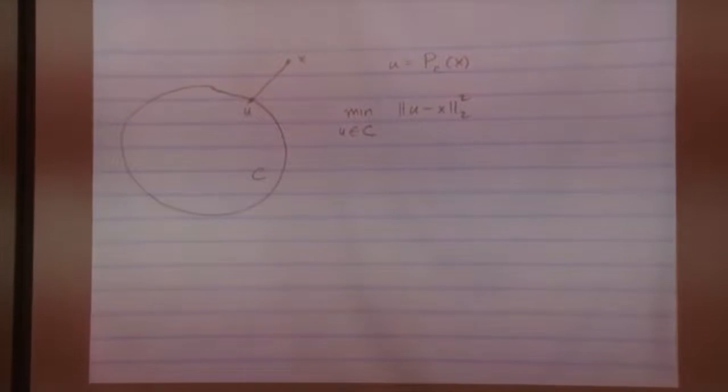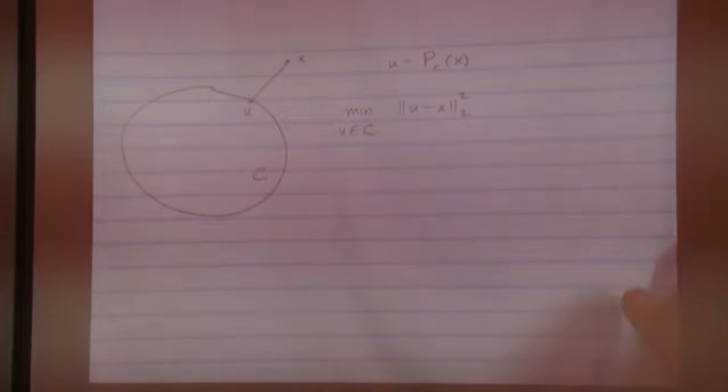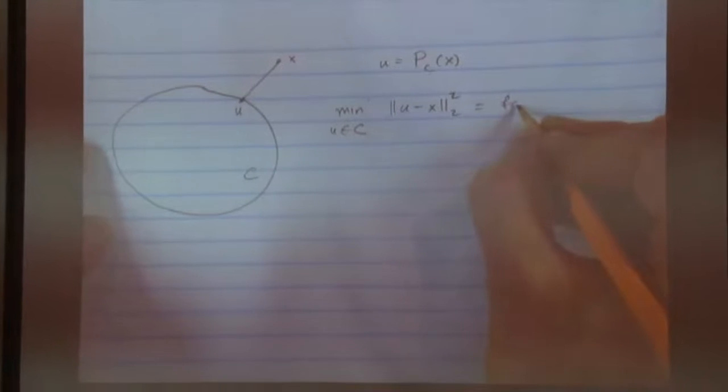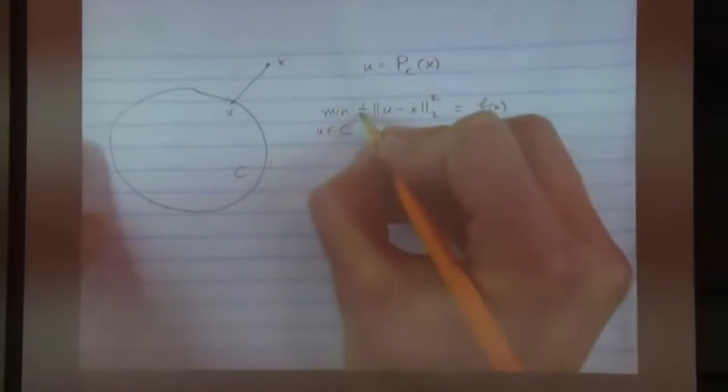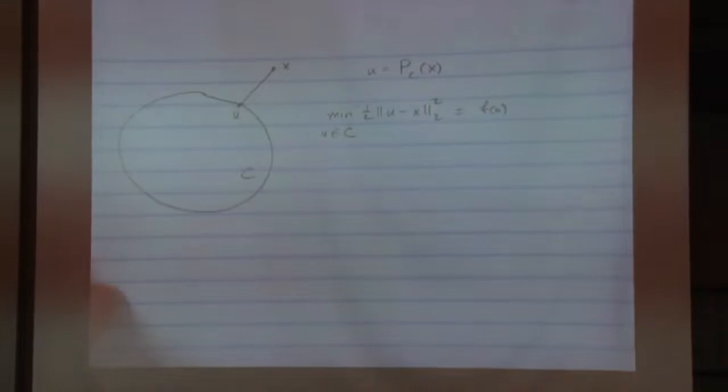Okay, so this U is uniquely defined. And we already know, for example, from the first order condition for optimality, that, let's call this criterion function f of U, and I'll put a half in front. It doesn't really matter. It doesn't change the solution, right? It's just going to be for convenience.